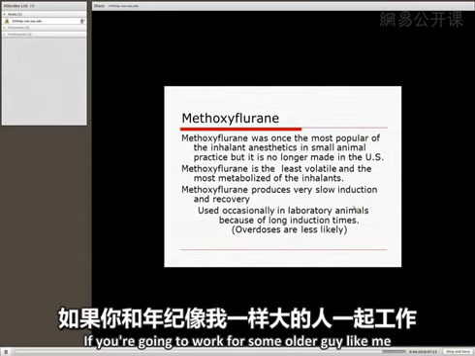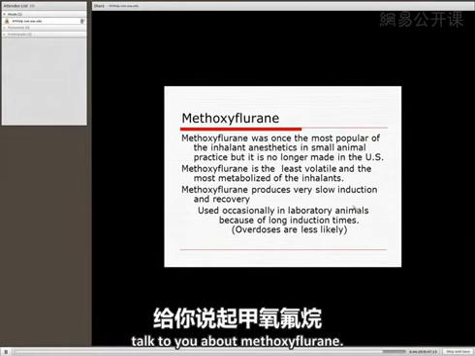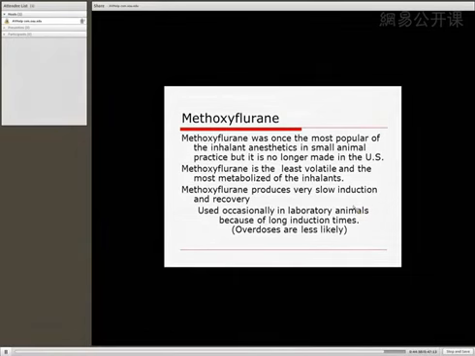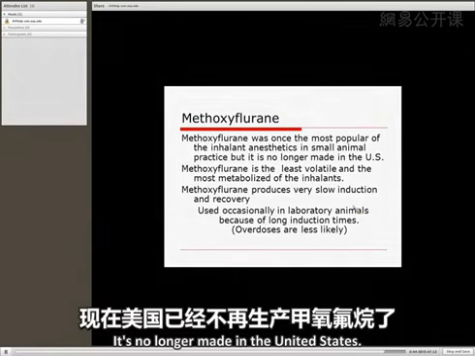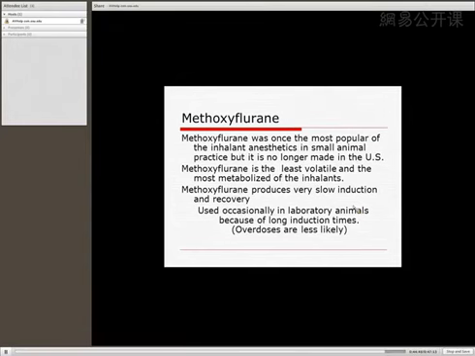Go to work for some old guy like me, he might talk to you, or she might talk to you about methoxyflurane. Methoxyflurane was once the most popular inhalant anesthetic in small animal practice. It's no longer made in the United States. I don't know that it's made or used anywhere to any great degree. It's not very volatile.